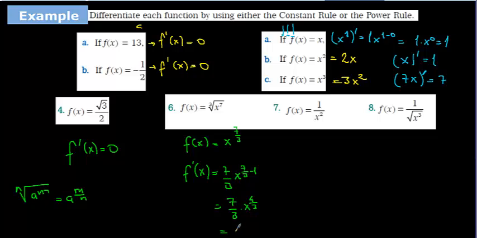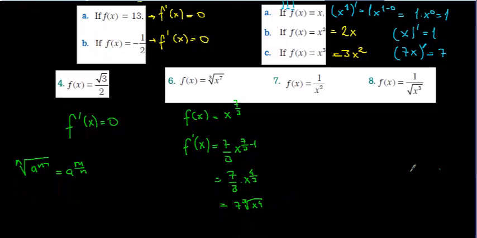It's going to be equal to 7 over 3 times the cube root of x to the power of 4. Okay, then this is the f derivative x of this expression.